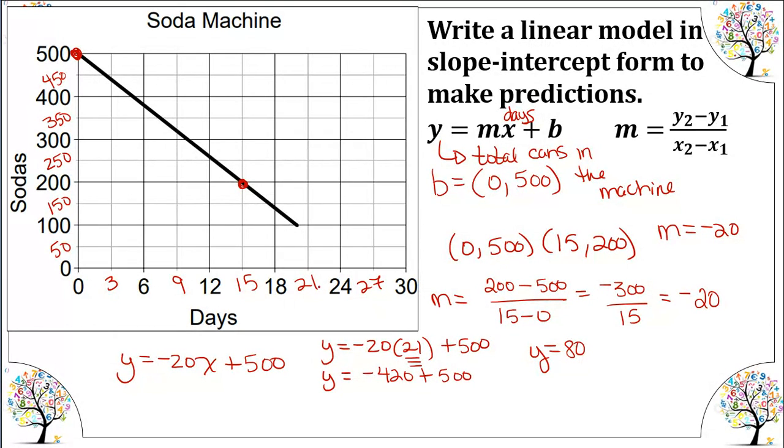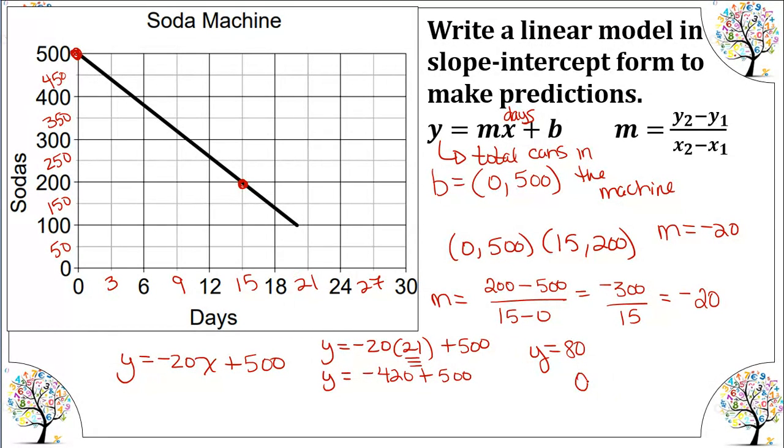Now, let's see how many days it's going to take when we have a total of 0 cans in the vending machine. So instead of the y-intercept, which is the total amount of cans on day 0, we're going to see how many days until our vending machine has 0 cans.